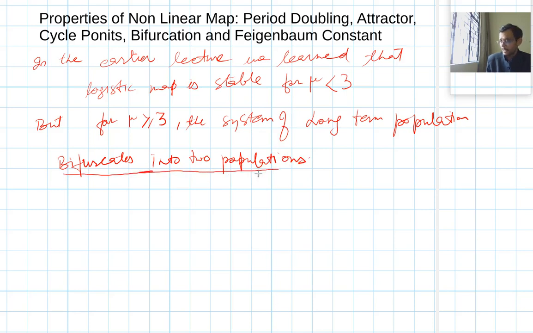So let us see how things will behave, and this bifurcation into two populations is known as period doubling.